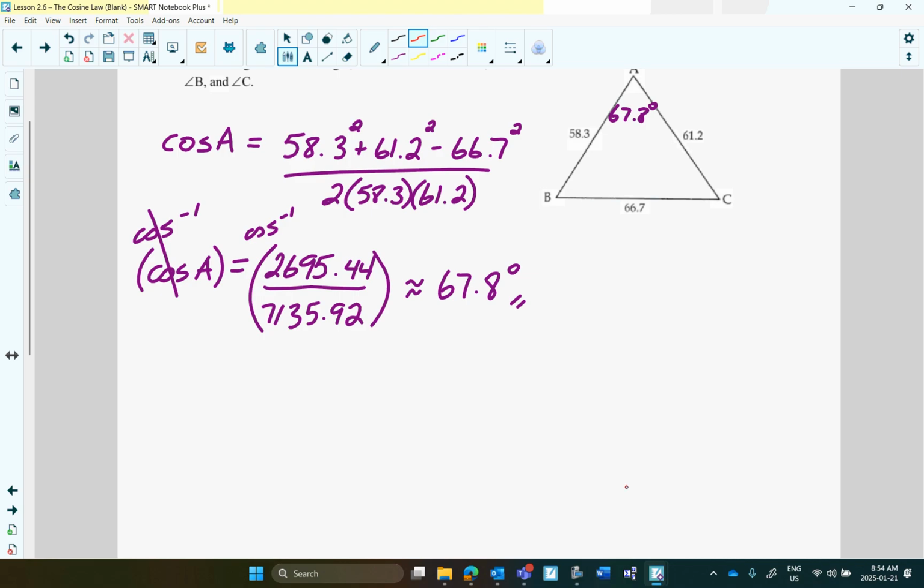So for B, it's going to be 61.2 over the sine of angle B will equal, well, the other fraction, I have to know both numbers, so I have to use this: 66.7 over the sine of 67.8.